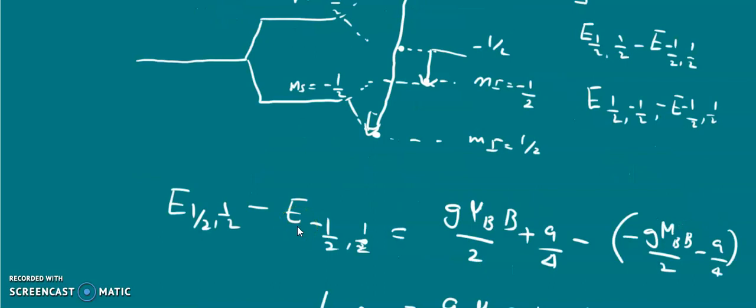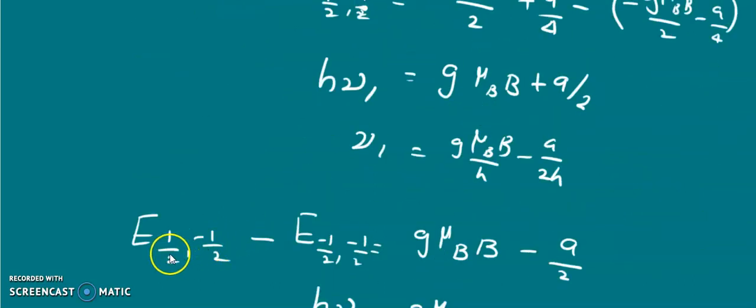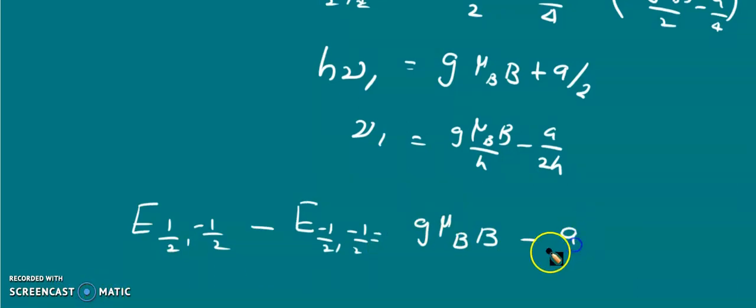So that is equal to E half minus half minus E minus half minus half. So substituting these values, we can find that it is just g mu B minus A by 2. Please verify this.